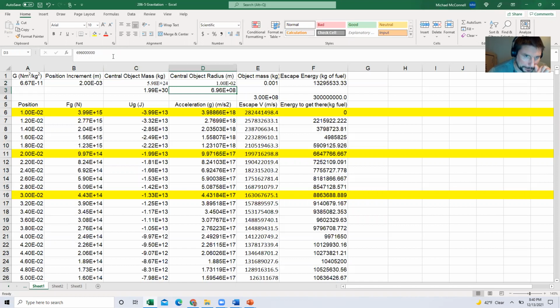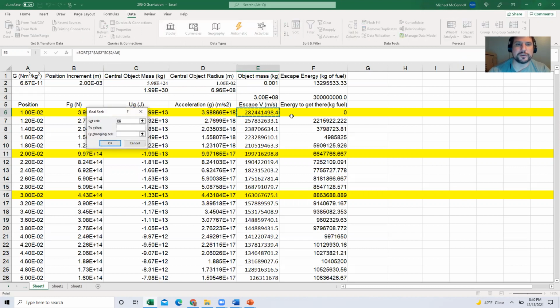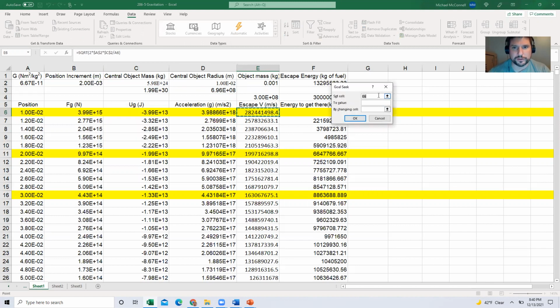And now we want to just mess around with that central object radius until we get exactly the speed of light as our escape velocity. So for that, I can do data, what-if analysis, goal seek. Now there's a function with an add-on in Google Sheets called Solver that you can use. But if I want to set that to be 3e8, I want to do it by changing the central object radius.